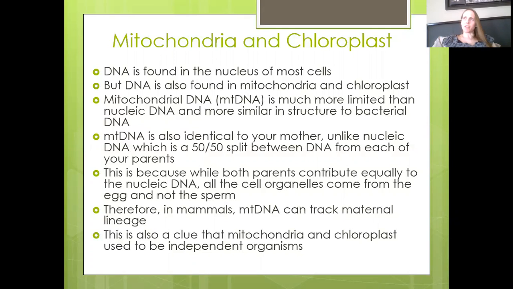Essentially, the theory goes that they were eaten by a more complex organism that decided, instead of digesting them, to use them as power sources, because both the mitochondria and chloroplast give power to the cells. It's also why both mitochondria and chloroplast have two membranes, whereas no other organelle does. But anyway, I'm getting off topic.